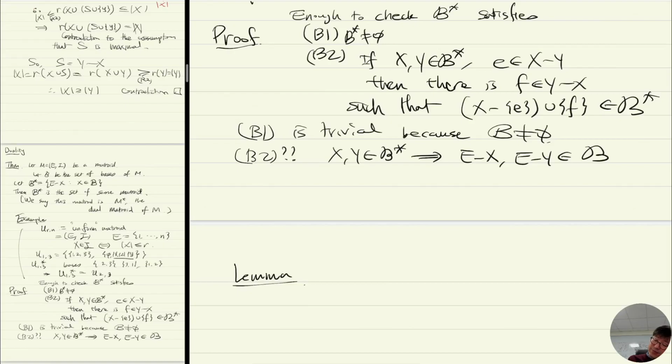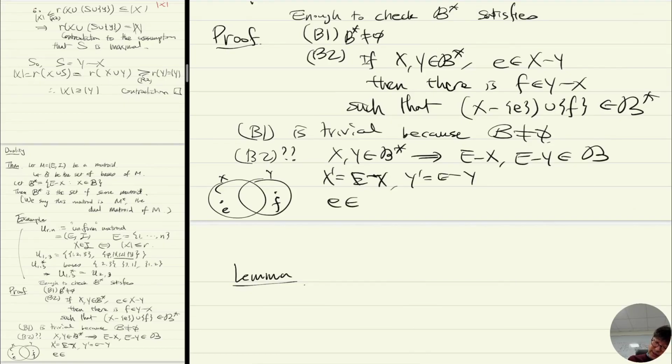So this was E, F. Let's say X prime is the complement of X and Y prime is the complement of Y. Then E is in Y prime minus X prime, and we wish that F is in X prime minus Y prime.